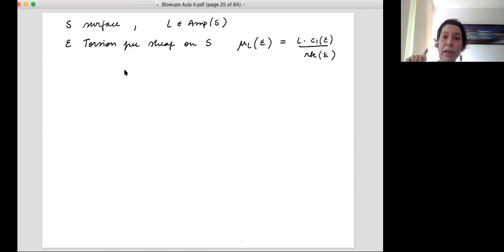And then given a polarization L, we will define a stability condition with respect to L as follows. First we define the slope of a torsion-free sheaf with respect to L. This is just the degree of the line bundle measured with respect to L. So that is L intersect the first Chern class of the vector bundle divided by the rank.